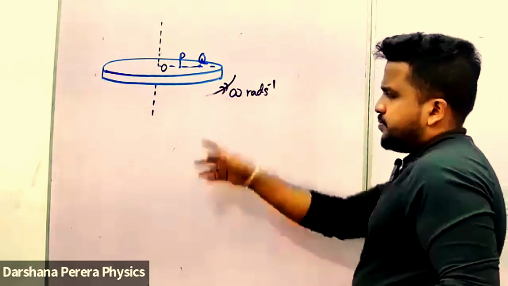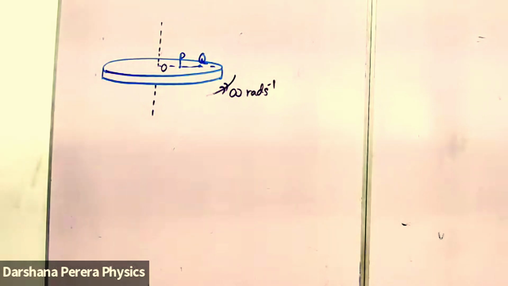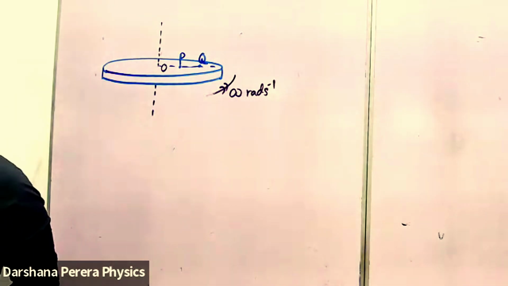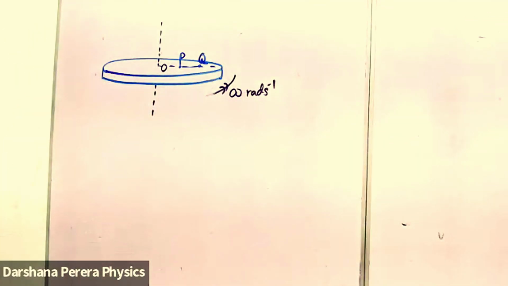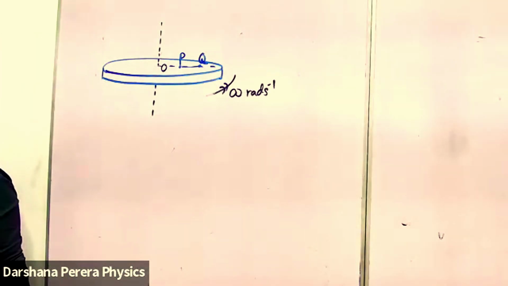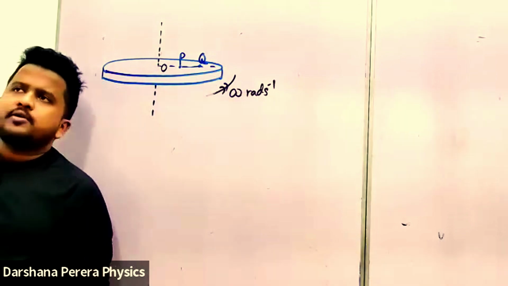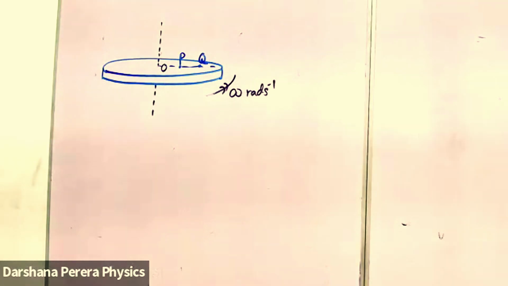And write down the particles in the rotating axis. The particles on the rotating axis are at rest. All the other particles of a rotating disk move in circular motion.